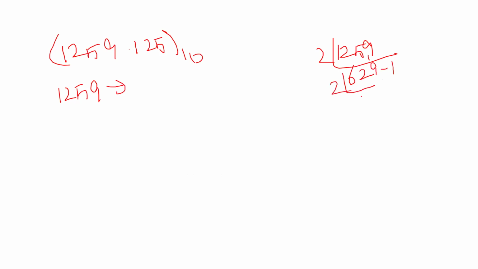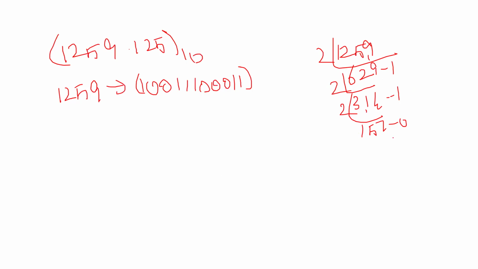Just continuing the division, we will get the answer 10011101011. If we do the calculation, for example, 3s are 1, 4s are 1, and again you can do this down to the last one, and you'll get the answer.